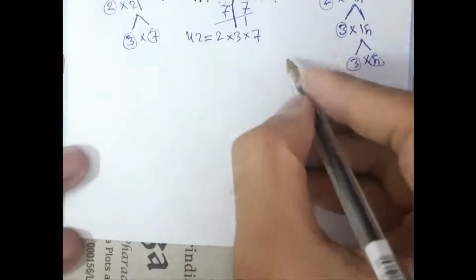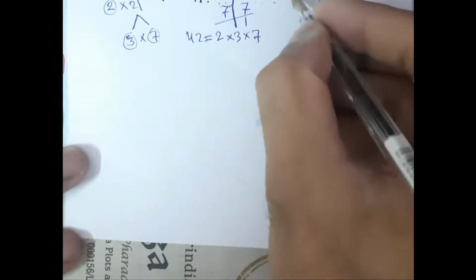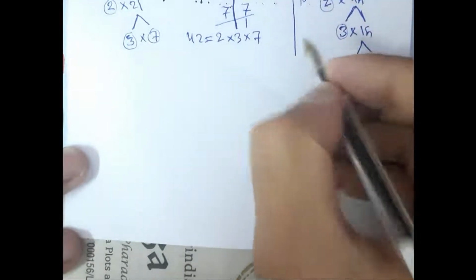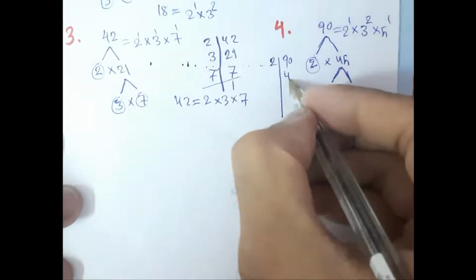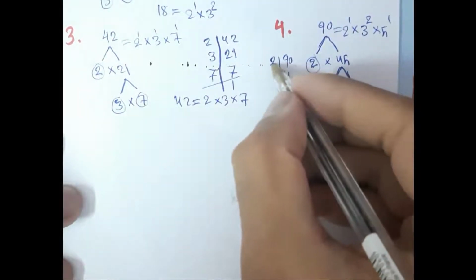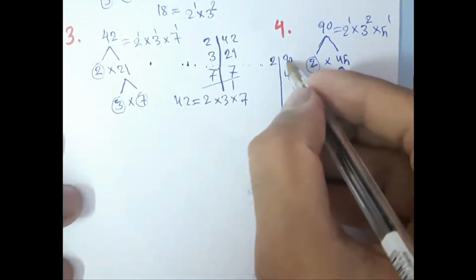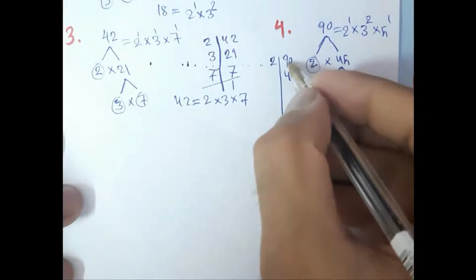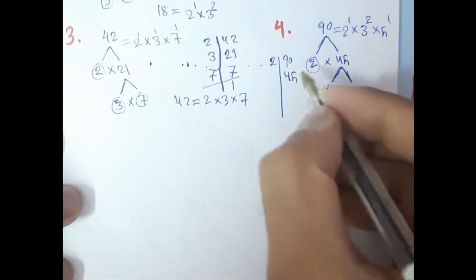In this question, 90 can also be decomposed by 2. 9 divided by 2 is 4, we carry the 1 next to the 0, it becomes 10. 10 divided by 2 is 5.